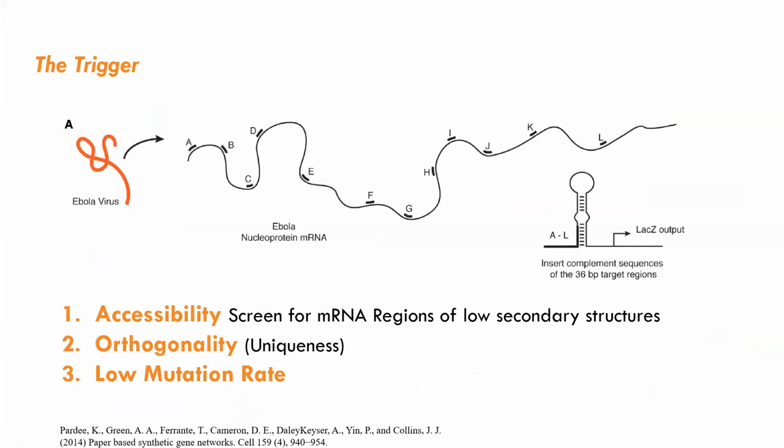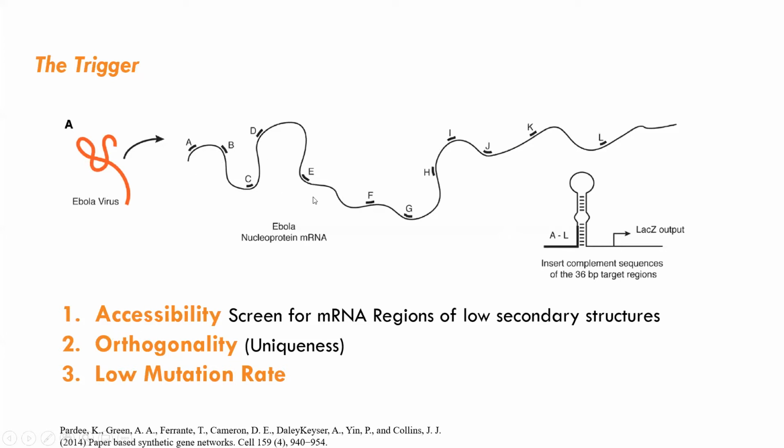The design of the switch is a little bit challenging because you design it, but you can't predict the actual behavior in vitro or in vivo. Simply, you start by searching for triggers; in our case, we're searching for triggers in SARS-CoV-2 mRNA. These triggers have to be accessible, i.e. there are lower secondary structures around these regions for the toehold to be able to bind to them.